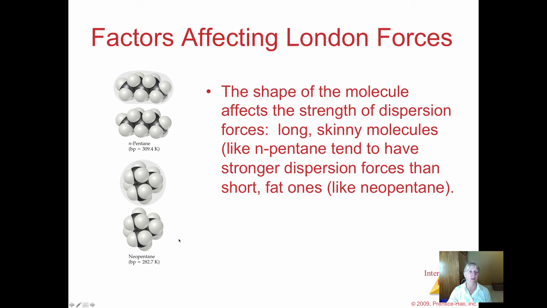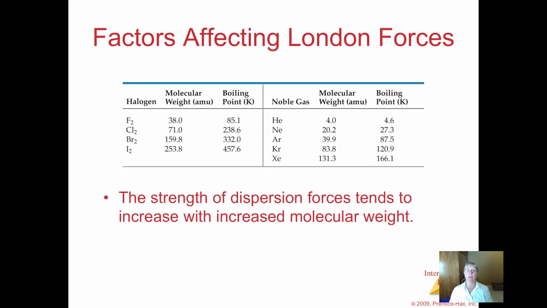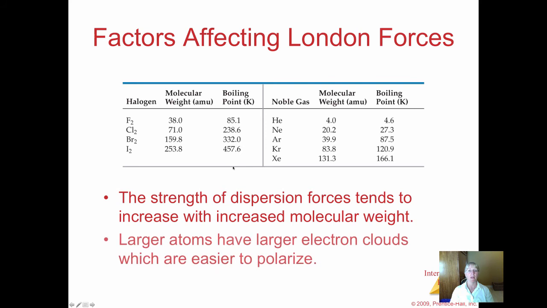Notice we can verify this with the boiling point. You should interpret higher boiling points as meaning stronger intermolecular forces of attraction. So surface area or shape is one factor. The second factor I think you can deduce if you just stare at this chart for a little bit. Here are the molar masses of, say, the halogens. And notice as we get heavier in the halogens or heavier in the noble gases, the boiling points are also increasing. The reasoning is that as you have an increased molar mass or molecular weight, the assumption is you have a bigger electron cloud.